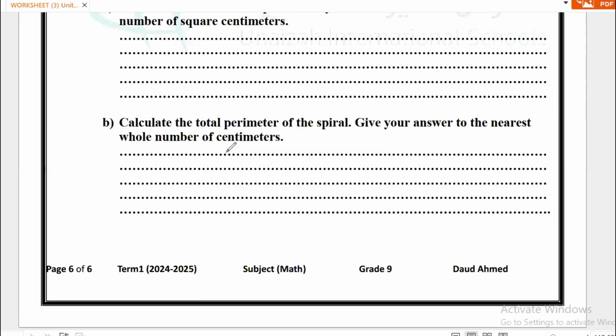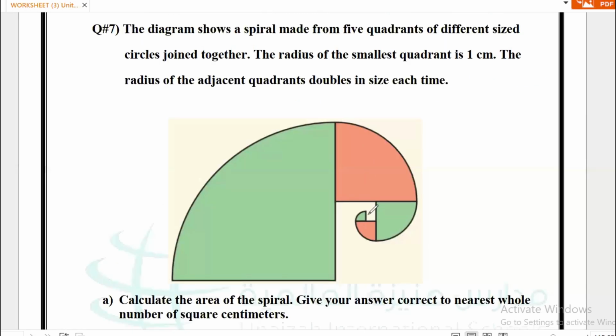Next, we are asked to calculate the total perimeter of the spiral. Give your answer to the nearest whole number in centimeters. First, remember in the perimeter, we must know this is 1. This is also 1. Actually, it is 2, but we are looking at the outer length, okay? This is 1.